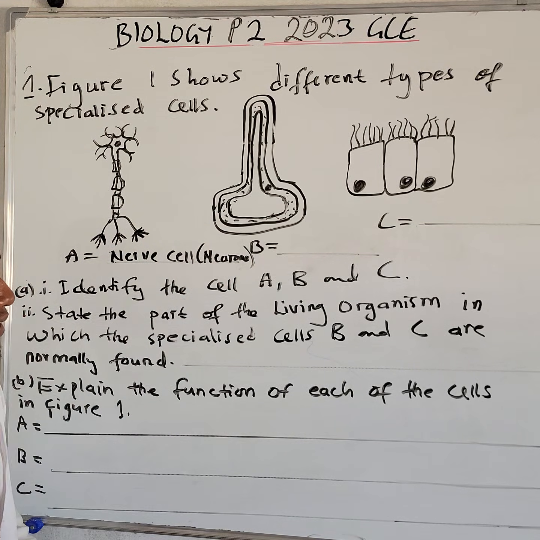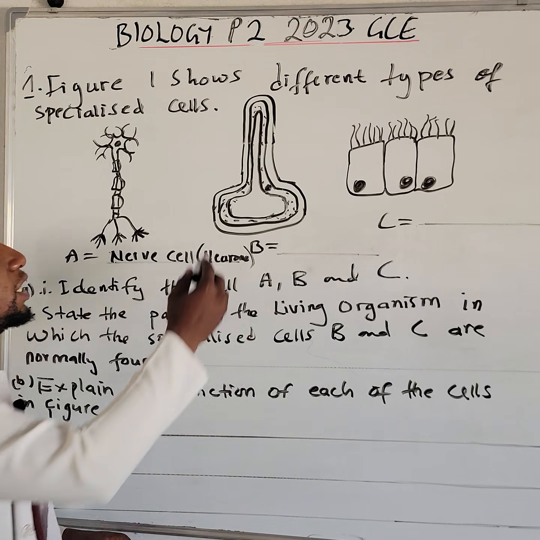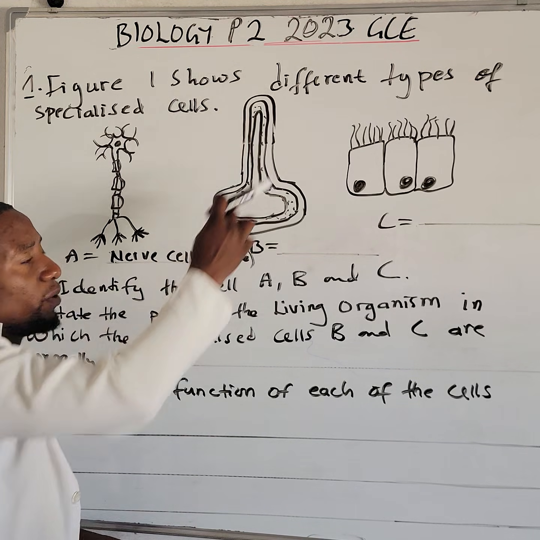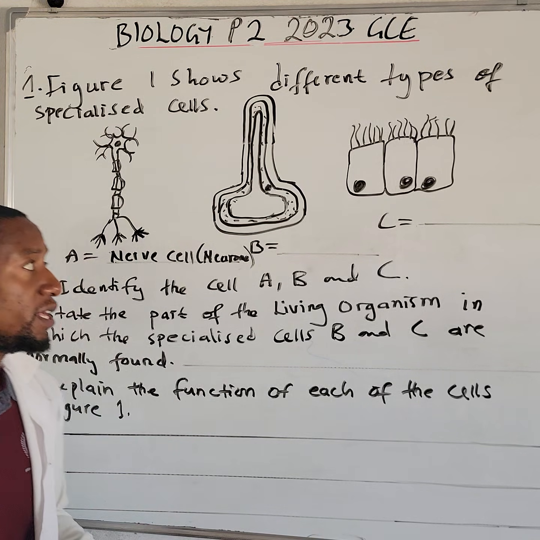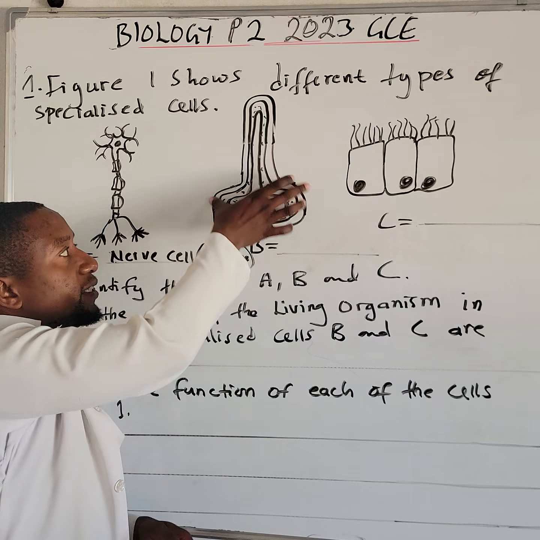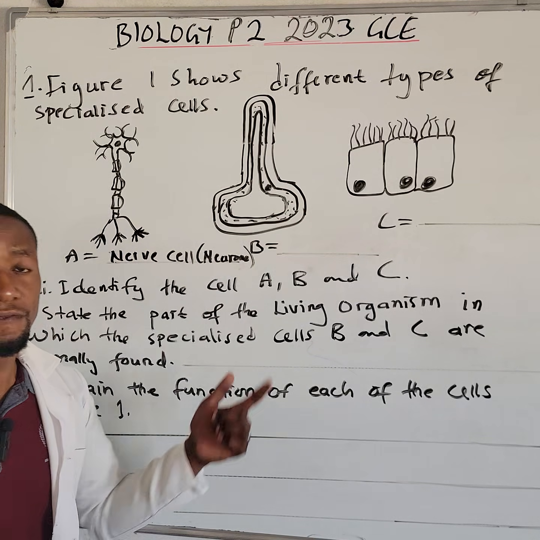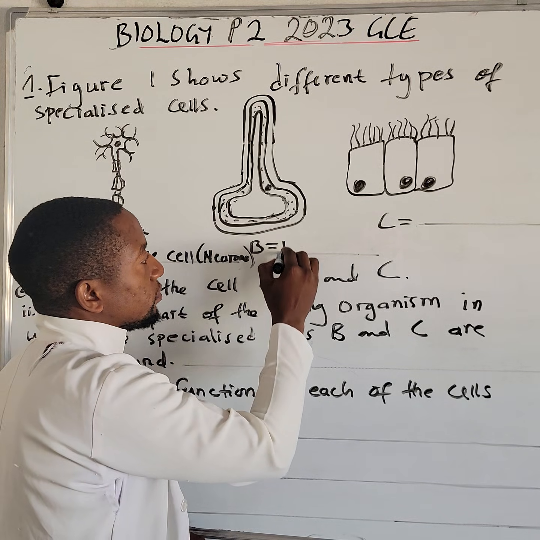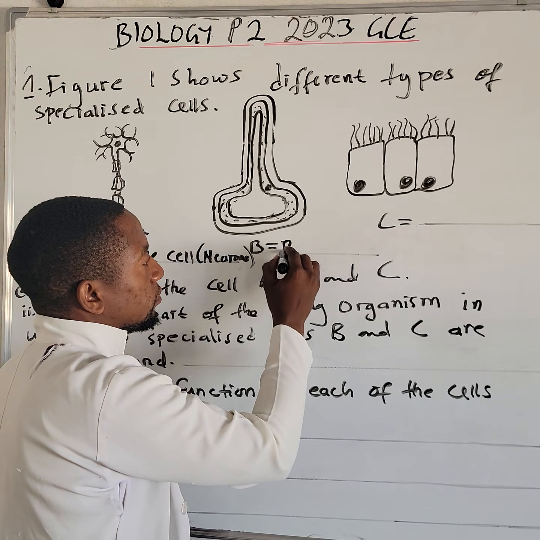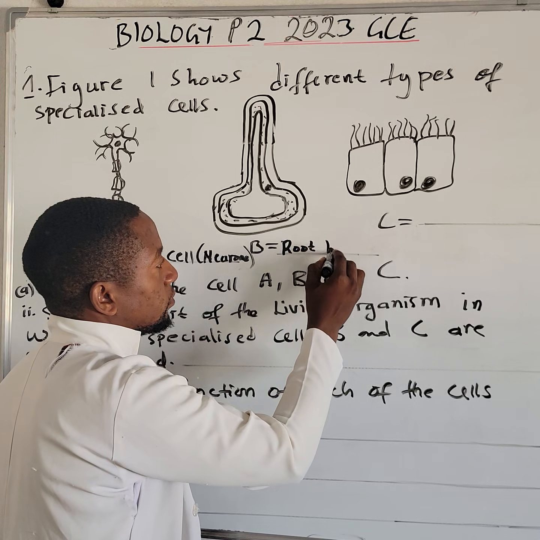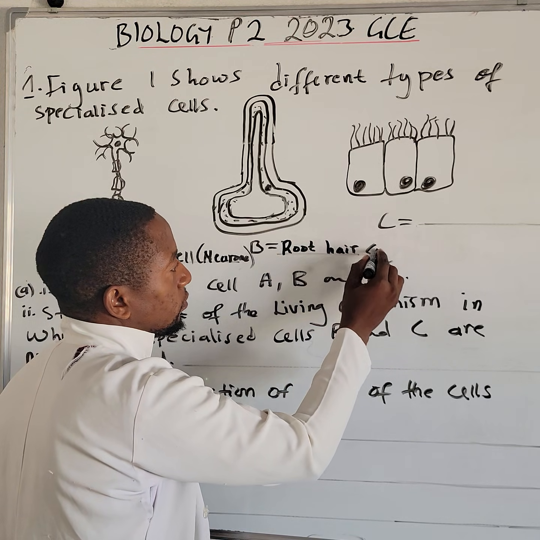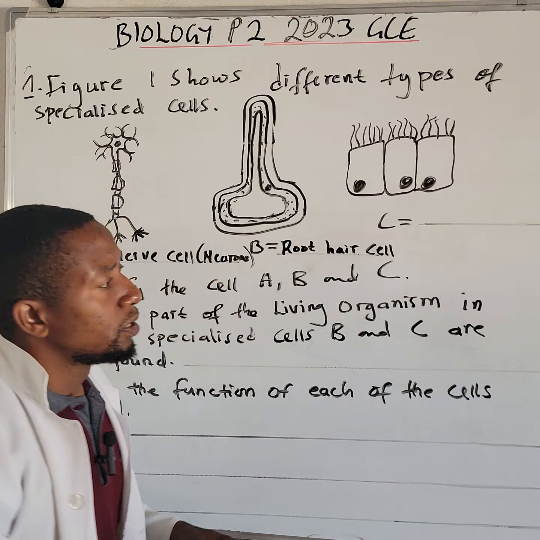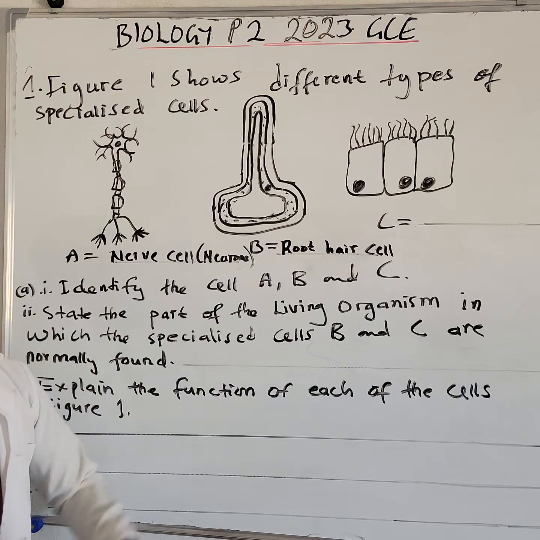We have cell B. Just by looking at the elongated outgrowth, this is a root hair cell.